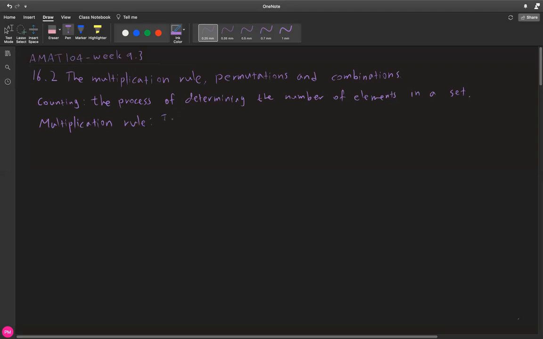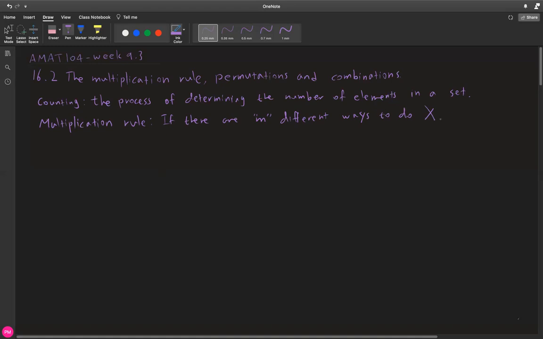So if there are m, so this is a number, m, different ways to do x.